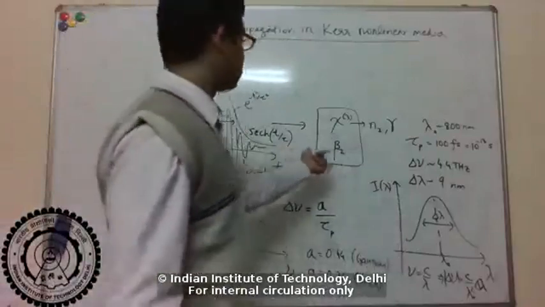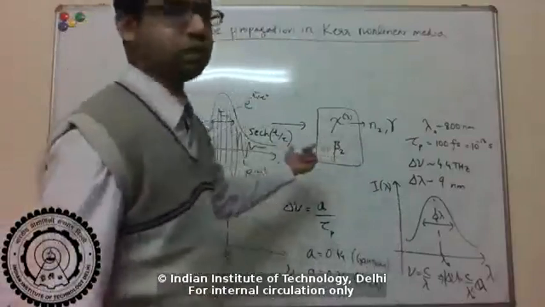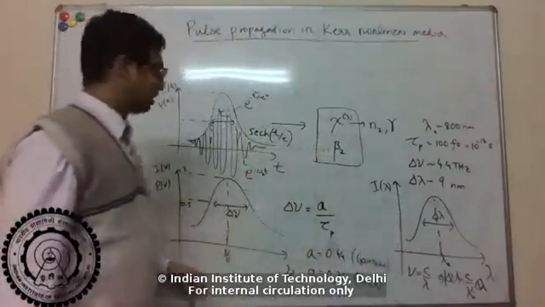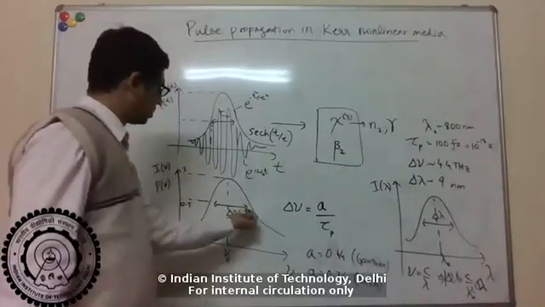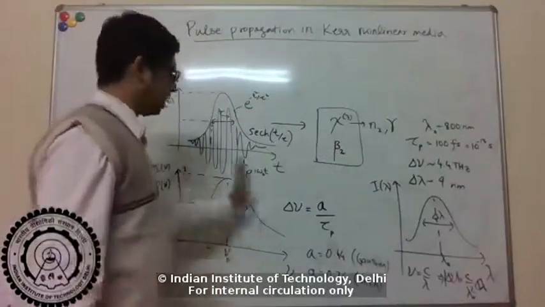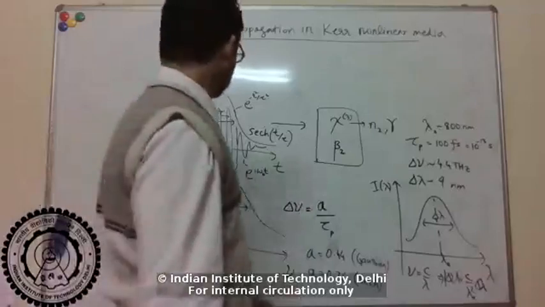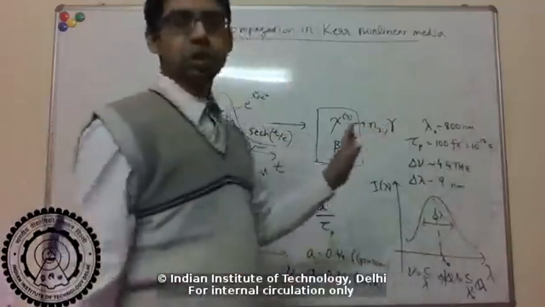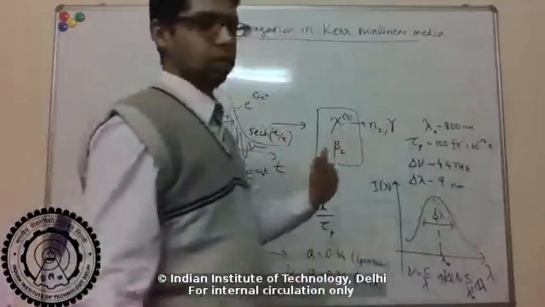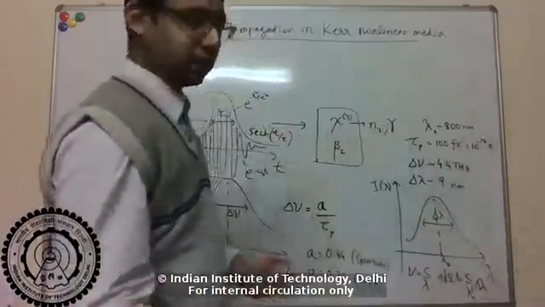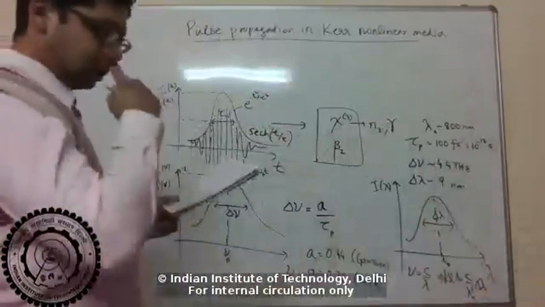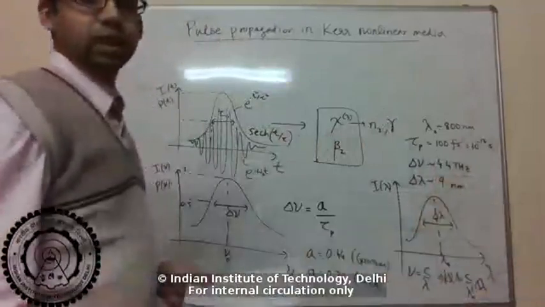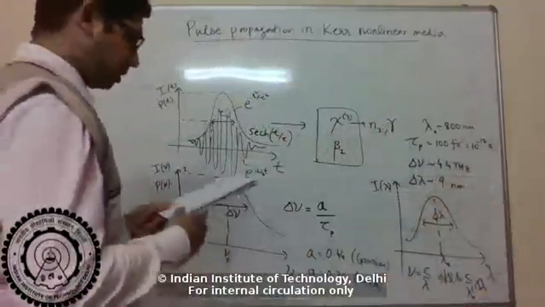Specifically, beta 2 means group velocity dispersion, which means the group velocity depends on frequency. So different frequency components of the pulse are traveling at different speeds, which means after traveling through the medium, the different frequency components arrive at different times. That would lead to a broadening in the pulse.